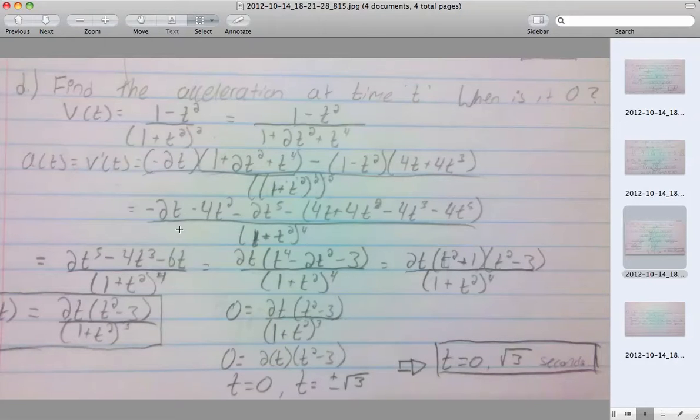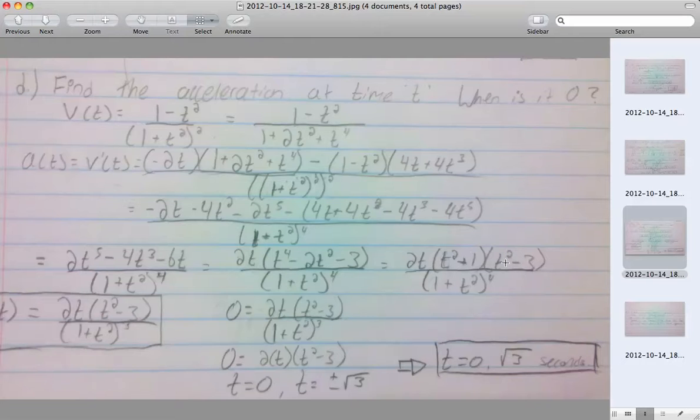And so that brings us to negative 2t minus 4t squared minus 2t to the 5th, minus, in parentheses, 4t plus 4t squared minus 4t cubed minus 4t to the 5th, all over 1 plus t squared to the 4th. So then we can simplify that to 2t to the 5th minus 4t cubed minus 6t, all over 1 plus t squared to the 4th.